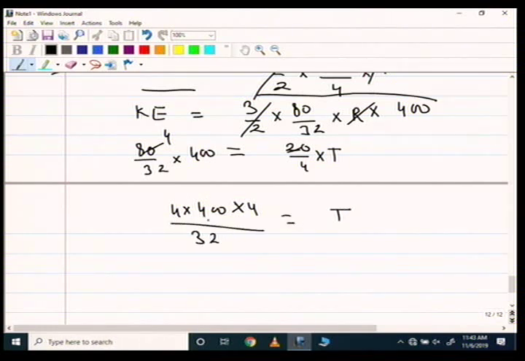This is 8, this is 2, so temperature should be 200 kelvins. Okay, that's good. Answer should be 200 kelvins.